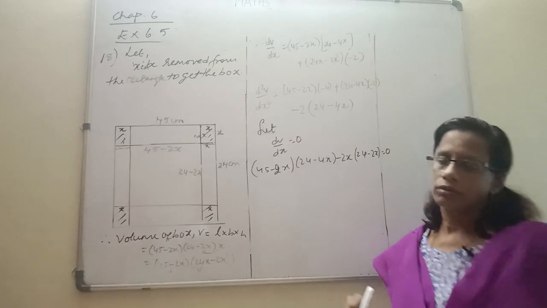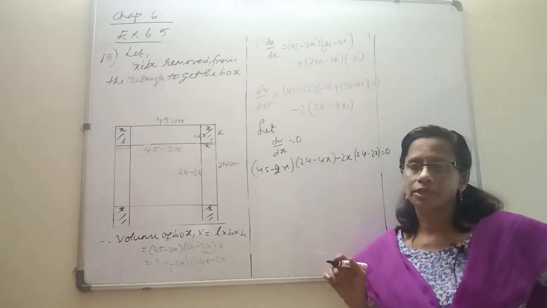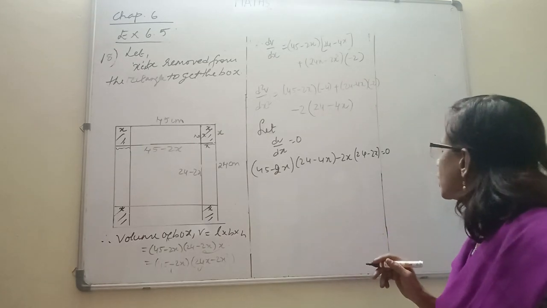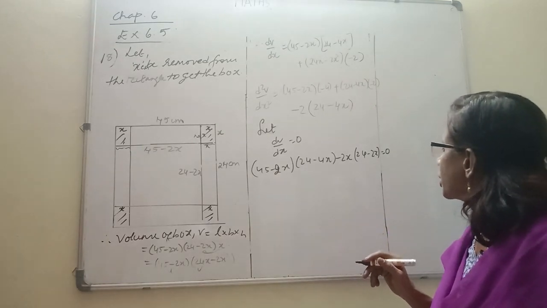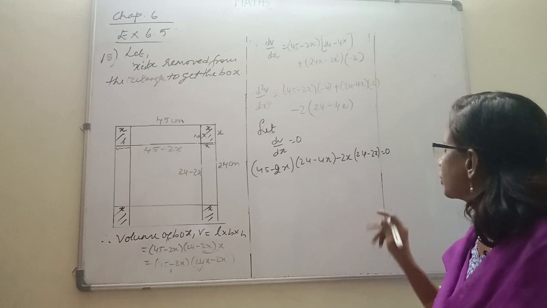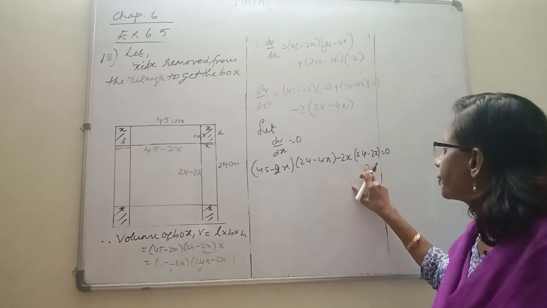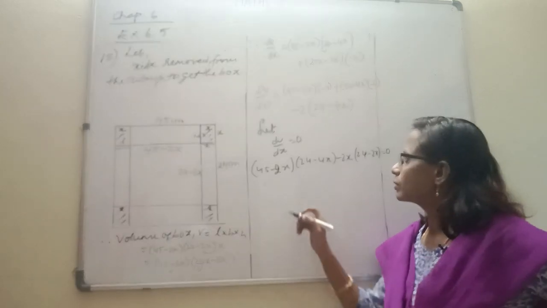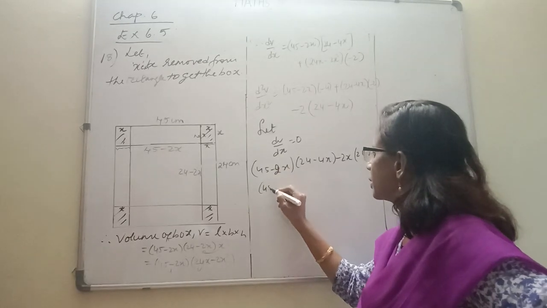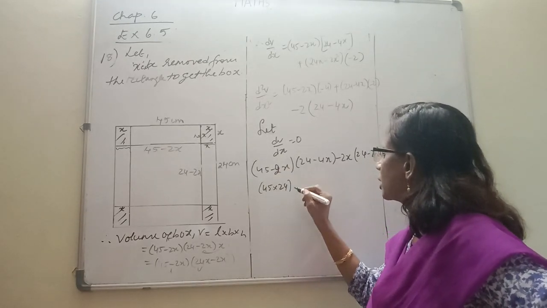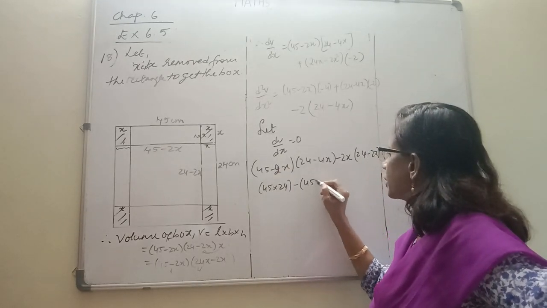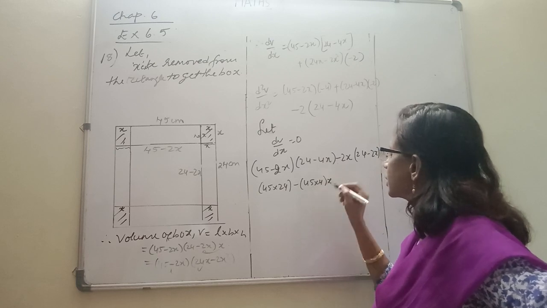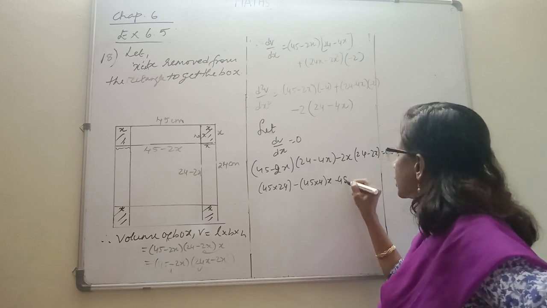It will call for solving this, because otherwise it will be difficult for us to get an overall 24 minus 4x here and 24 minus 2x here. Okay, let's expand it and then let's work it out like that. 45 times 24 first bracket, 45 times 4x, then 48x.